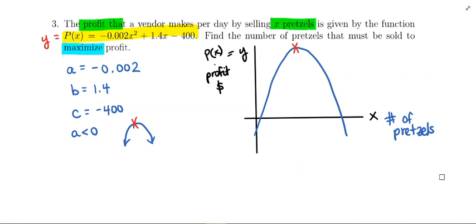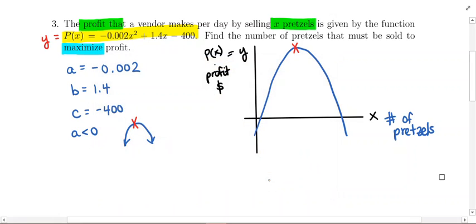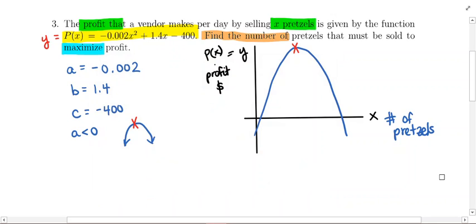Let me pick a different color here. The question that you're trying to answer is usually in the last sentence. So here it says that we need to find the number of pretzels that must be sold to maximize the profit.